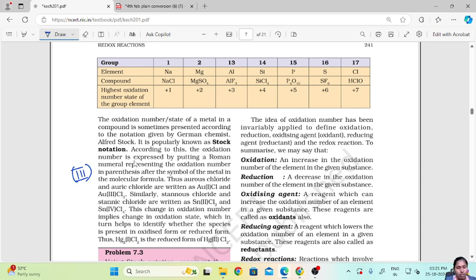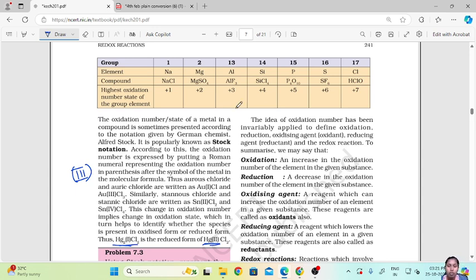Thus, Hg2Cl2 is the reduced form of HgCl2. So it basically helps us to explain who is reduced and who is oxidized.